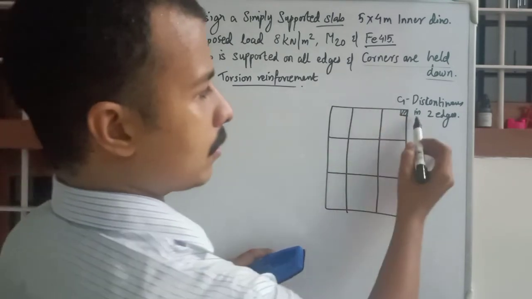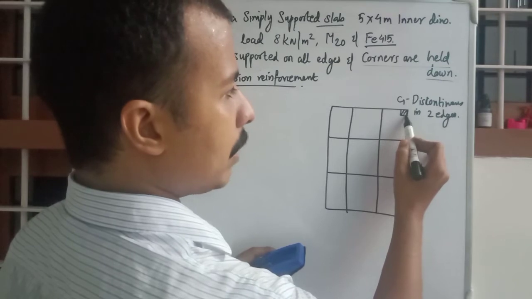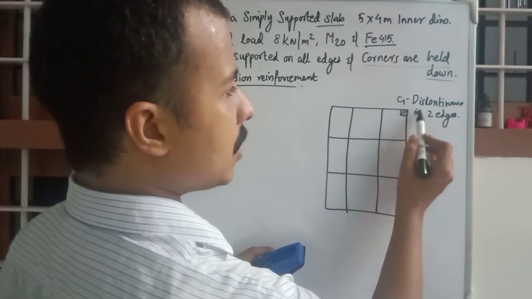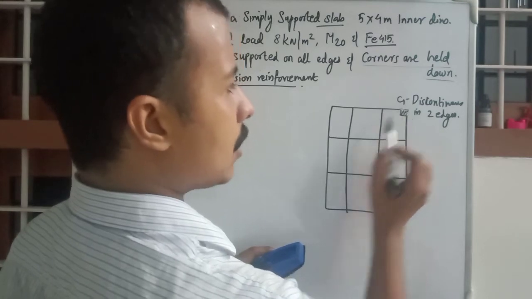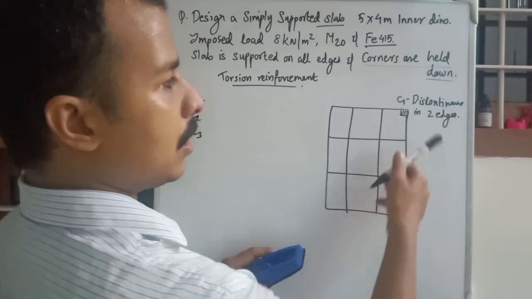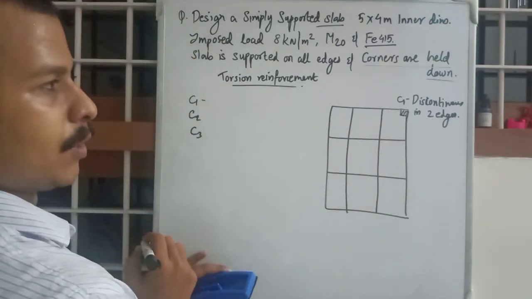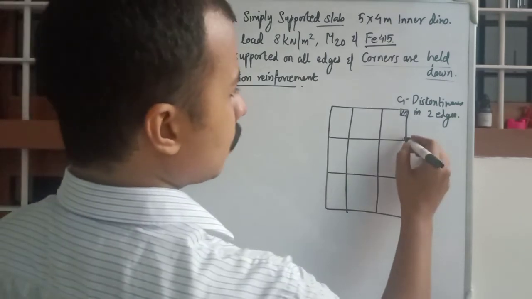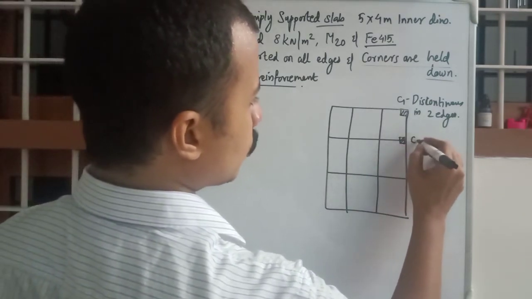When you consider this corner only, it is discontinuous in 2 edges, this edge and this edge. So discontinuous in 2 edges, that is C1. Then you have C2.